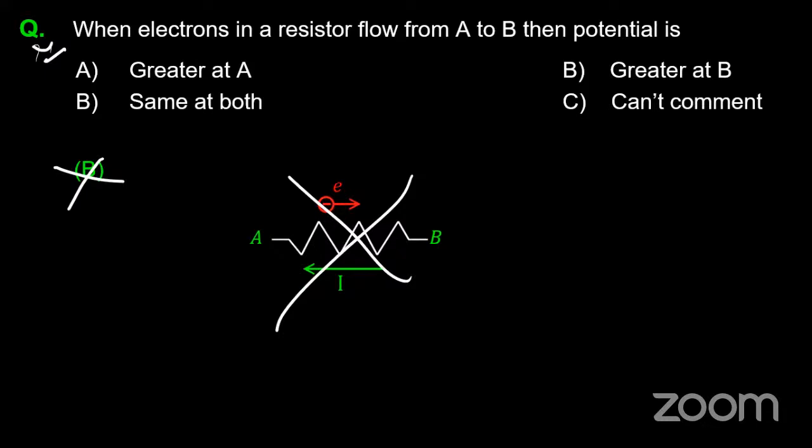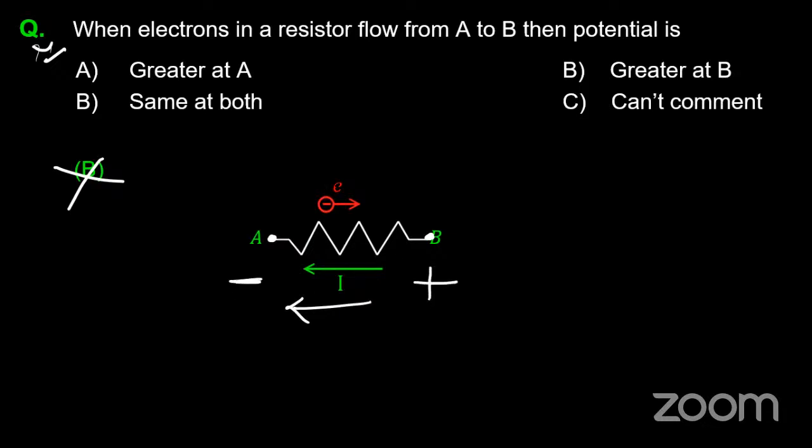When electrons in a resistor flow from A to B, what can be the conditions then? So Ganesh has given greater at B. Manthan says A. Let me tell you one thing. The image will remain the same, okay? But remember always, if the current is moving in this direction, it can only be possible when there is a positive terminal and a negative terminal.